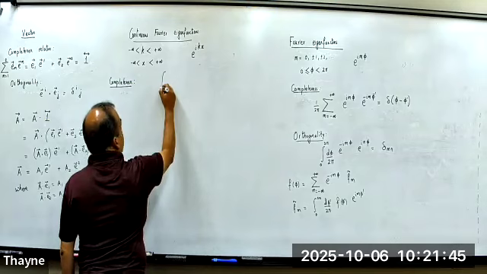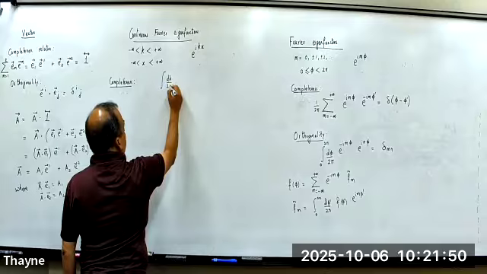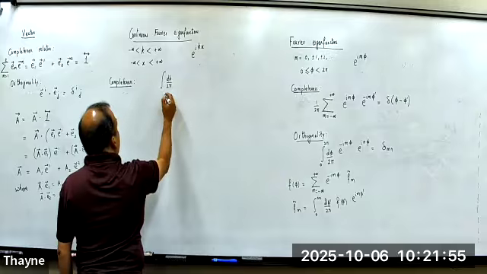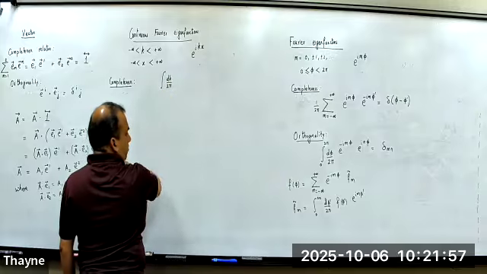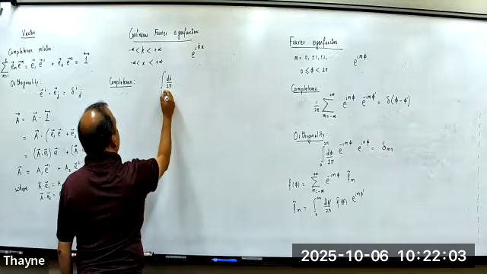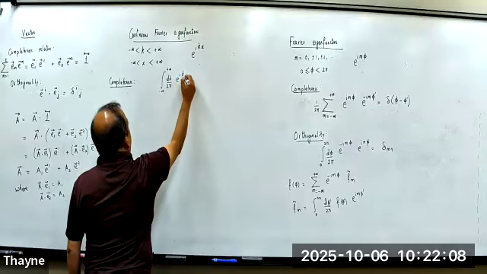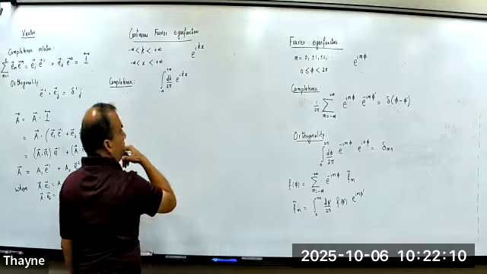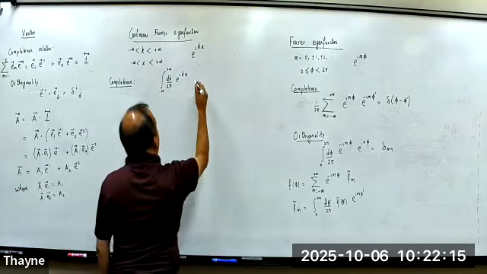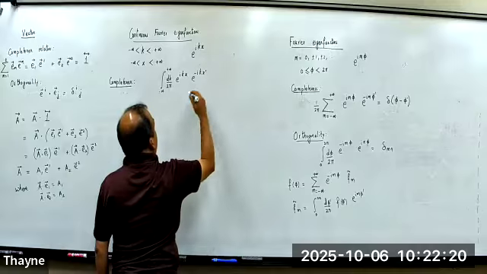So say this is dk over 2 pi, integrated from minus infinity to plus infinity, e raised to i k x, and I have to have e raised to minus i k x prime.